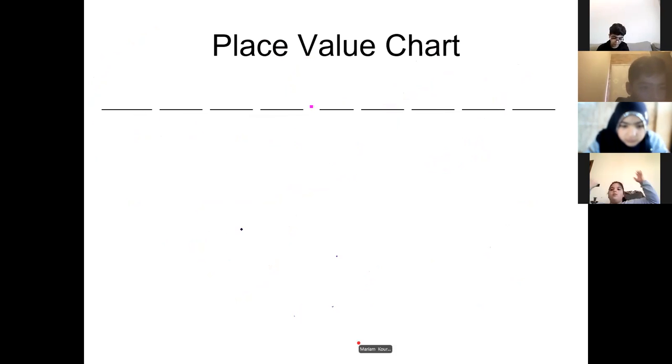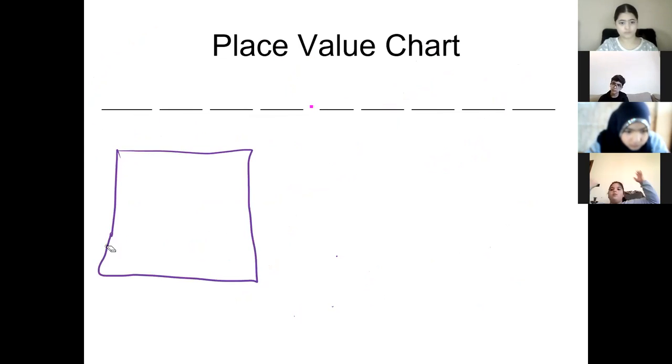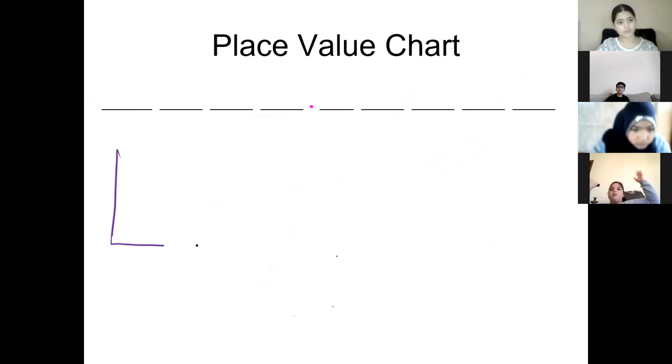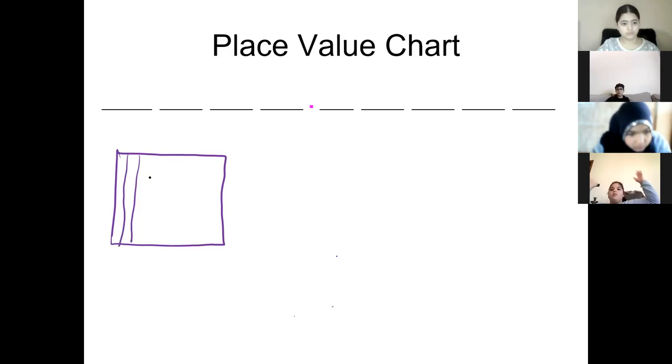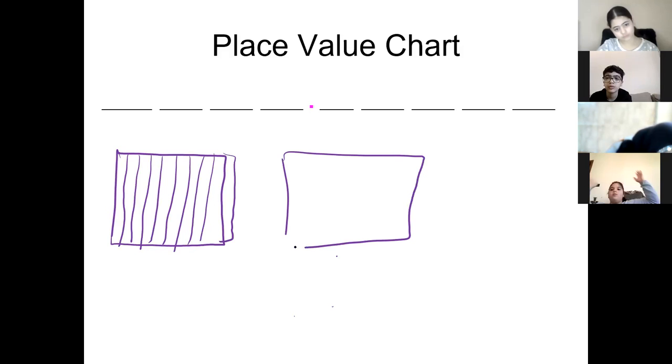If we have, for example, a square, and we divide this square into 10 equal parts, 1, 2, 3, 4, 5, 6, 7, 8, 9, and 10. And if we divide another one also into 10 equal parts.